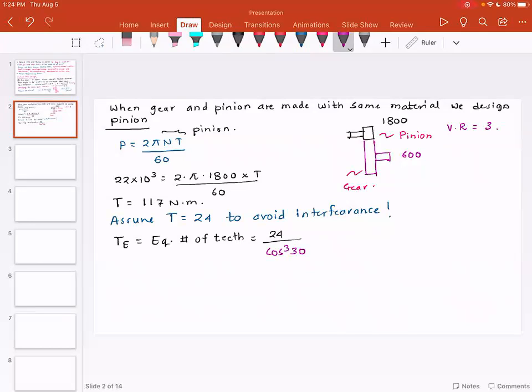So you want a reasonable helix angle so that not only is the gear strong and has sufficient face width, but the engagement and disengagement is smoother. With this, if you use your calculators, the equivalent number of teeth is going to be 37. Now we need to find the form factor.